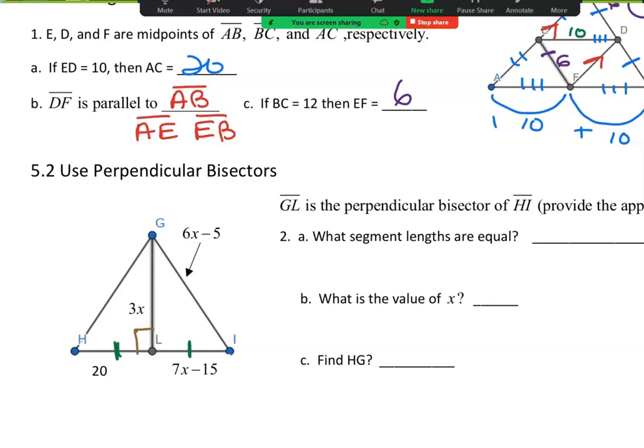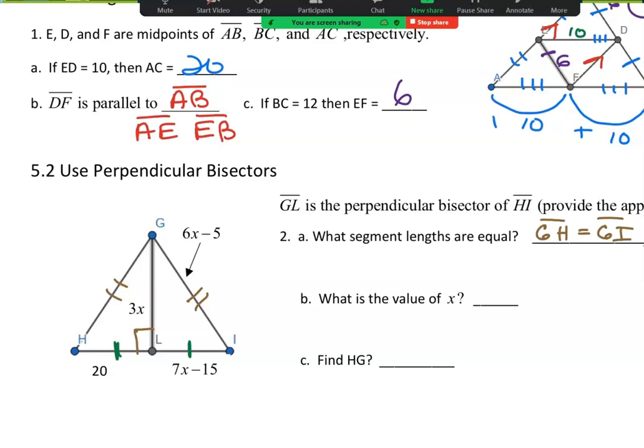I also know that if you have a perpendicular bisector, these pieces become equal. Okay, so you have an isosceles triangle. So what segments are equal? So I can give 2 sets of answers. I can say GH equals GI, and I can also say HL equals LI. Okay, all those things happen.